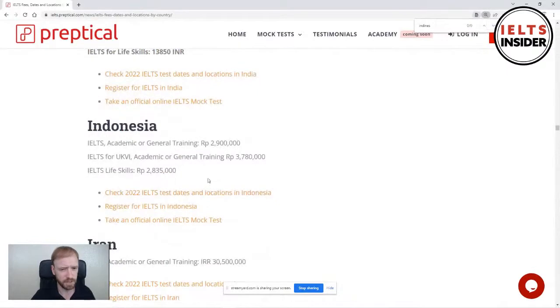I'm not sure how much that is in US dollars. So IELTS, academic or general training, is 2,900,000 rupiah. I don't know how much that is in US dollars. Can you tell us? I'm just going to do a quick check. I know it's expensive.